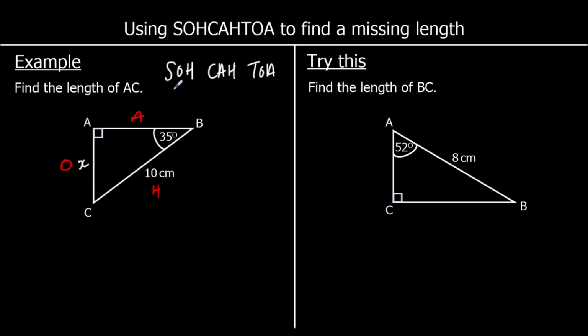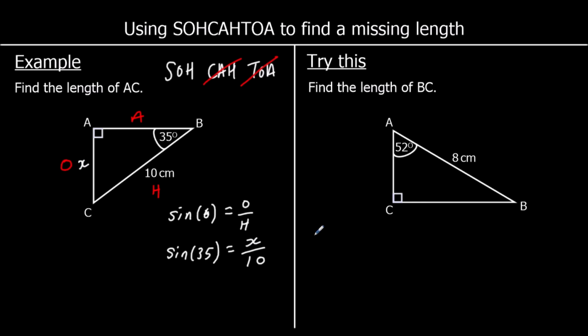So O and H is SOH. SOH means sine of the angle equals O over H. In this example, the angle's 35. So sin 35 equals x over 10.